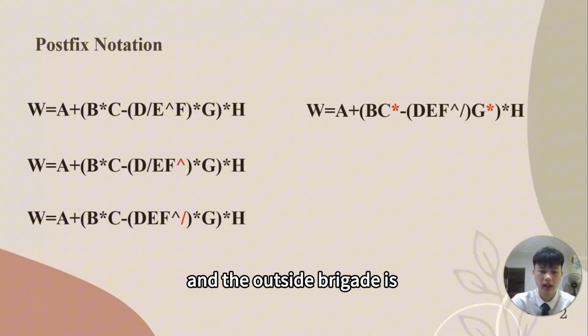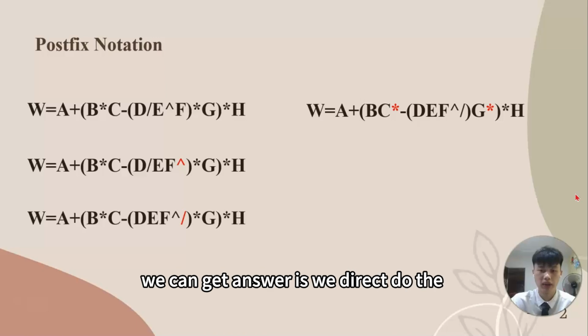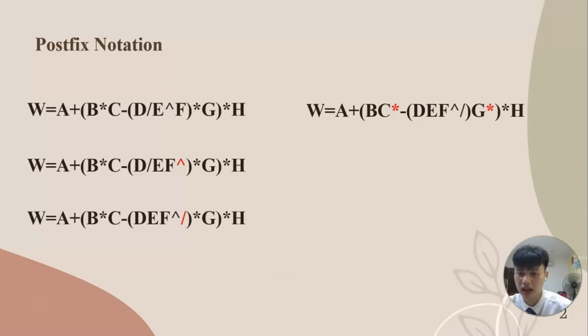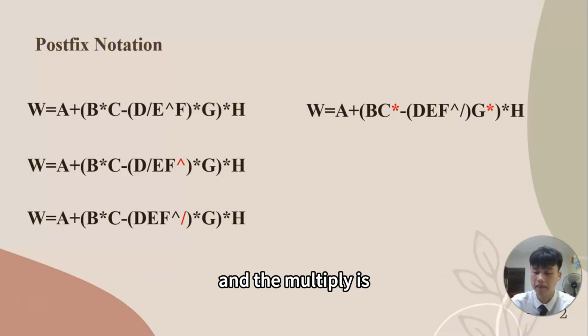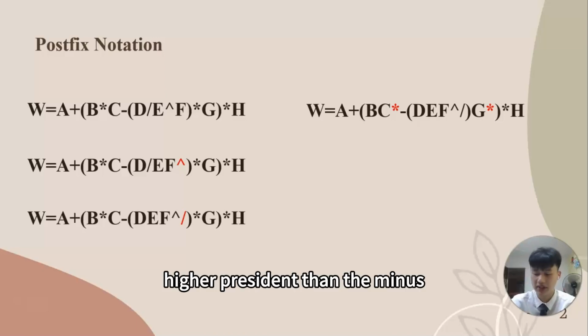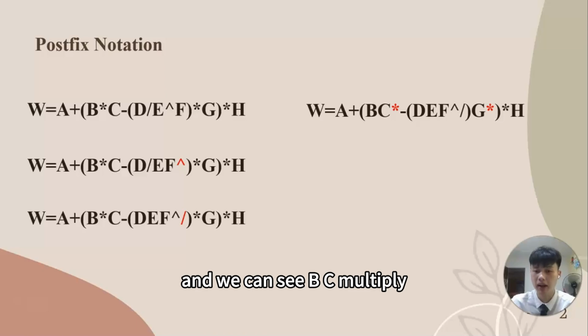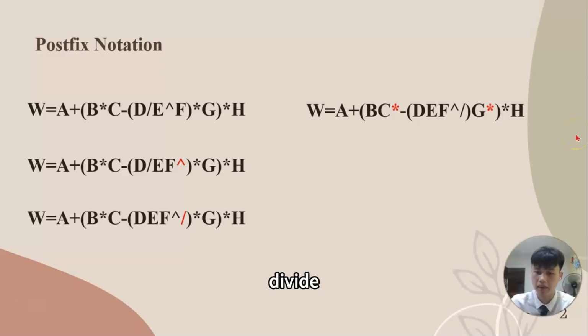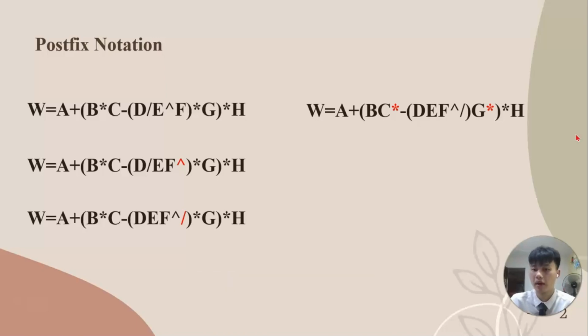And the outside bracket is B times C minus multiply G. So we can directly do the postfix notation because inside the symbol is the same, and the multiply is higher precedence than the minus, so we move the multiply first, and we can see BC multiply, DEF exponent divide G multiply, minus.